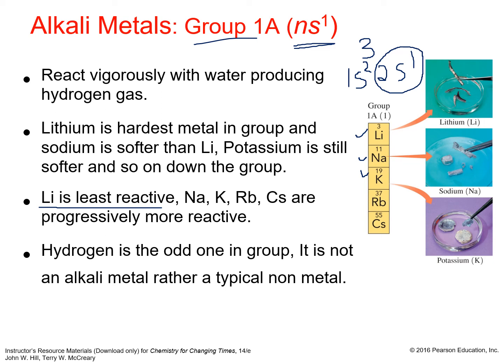You should know it's group 1A and what its electronic configuration is: ns1. If I ask you to write the electronic configuration, you should be able to write it by looking at the atomic number from the periodic table. Hydrogen is the odd one here, which sits on top of lithium. It's not an alkali metal; rather, it's a typical non-metal.